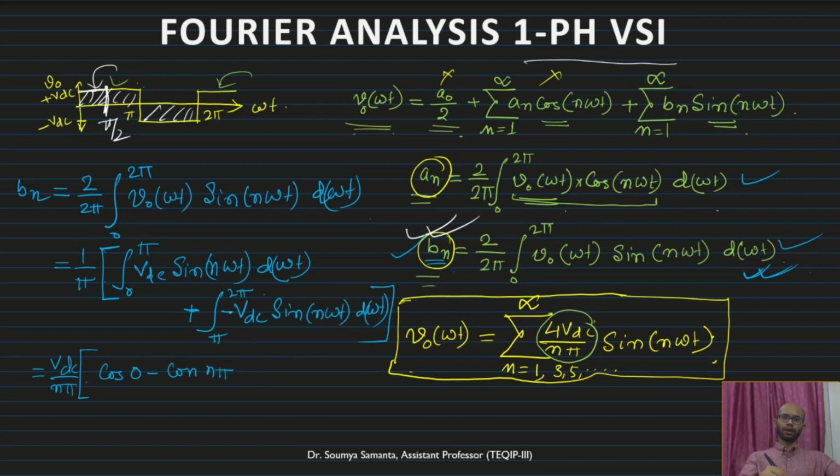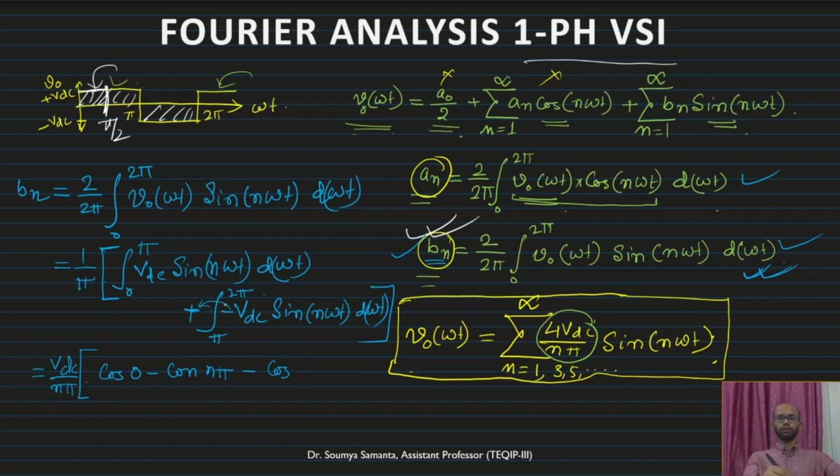Let me take this minus out, so this will be minus of cos of n omega t.